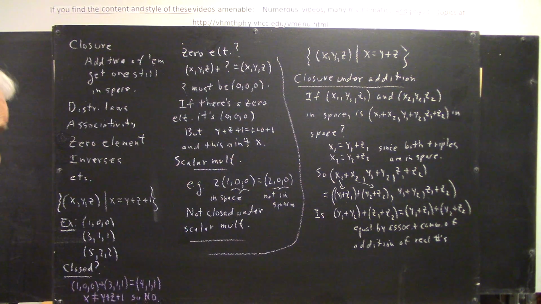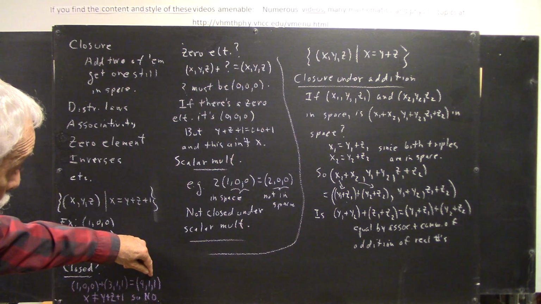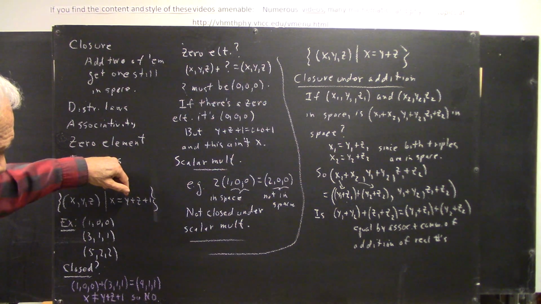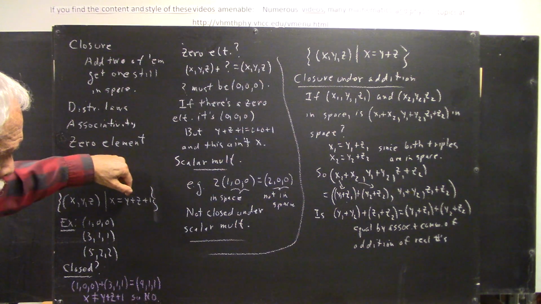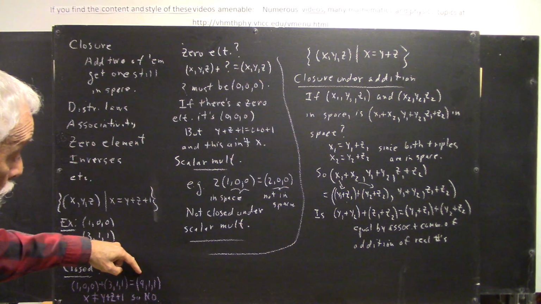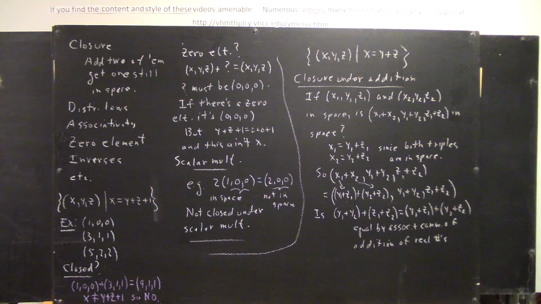But 4, 1, 1 is not in the space. Can you check that? Well, it's very simple to check that. Y is 1 and z is 1, so y plus z plus 1 is 1 plus 1 plus 1, which is 3. But x is 4. So already we know that this is not a vector space.